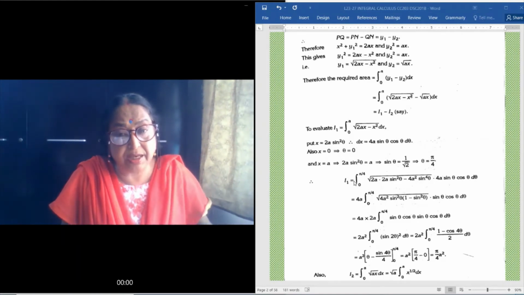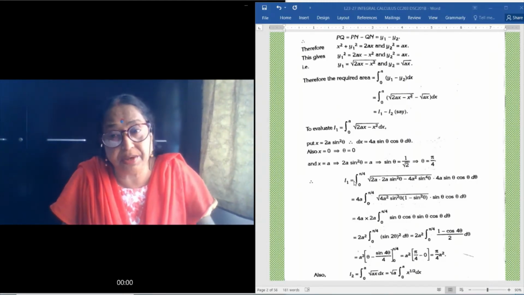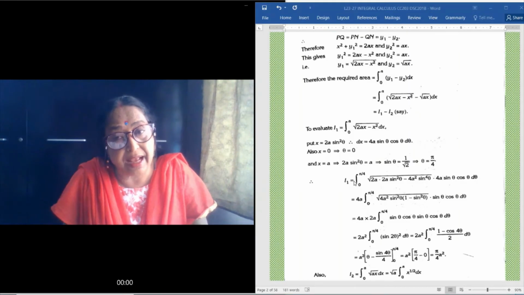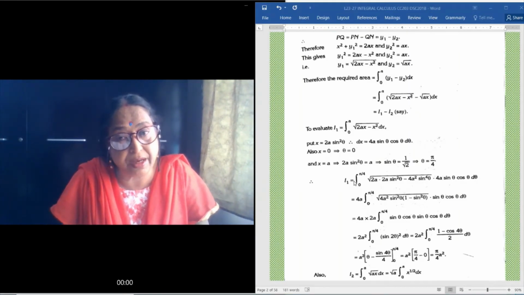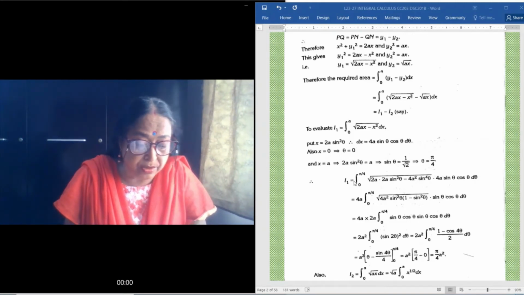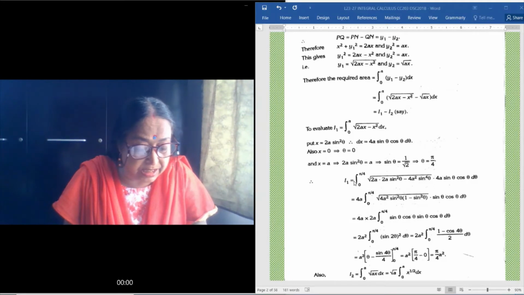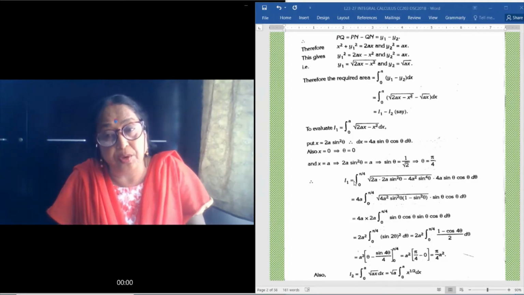When we go to the polar form, in that case the limit will be different. The limit of x will be changed to the limit of theta. So converting all these things, you can change it into polar form.